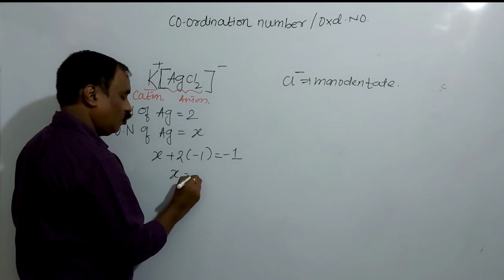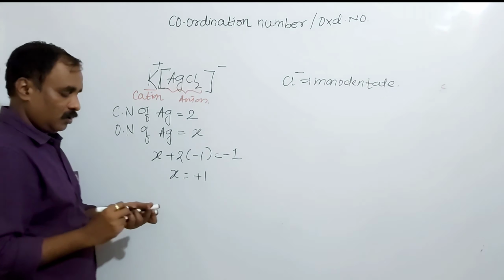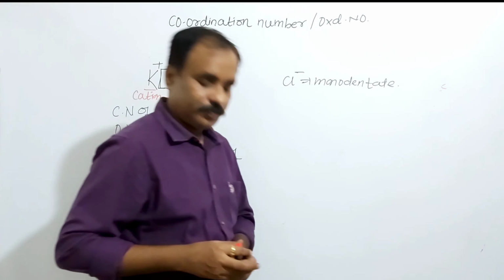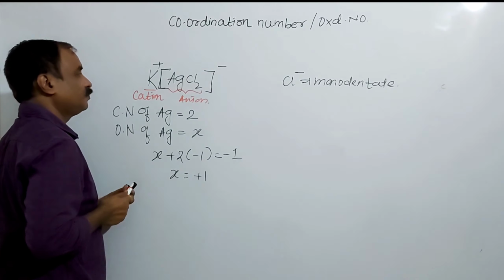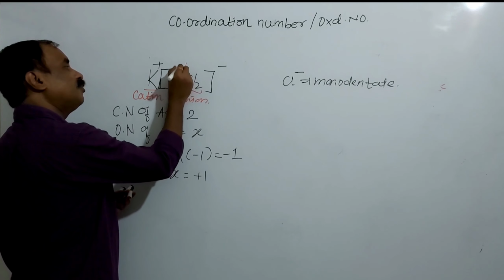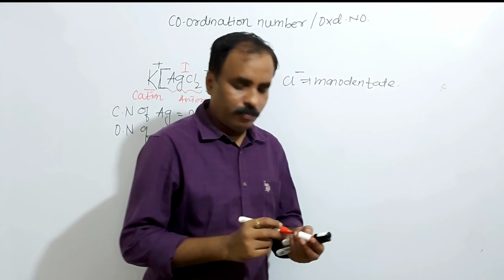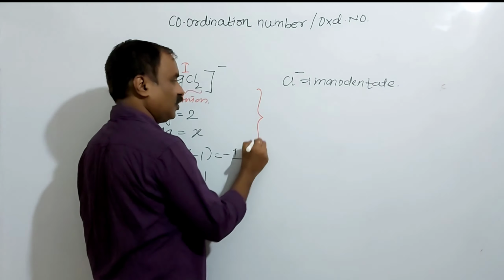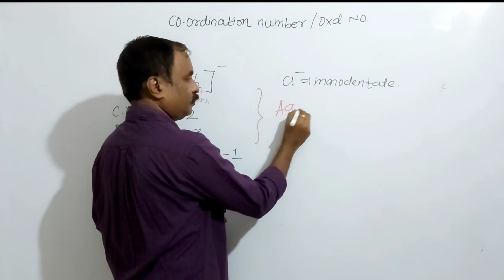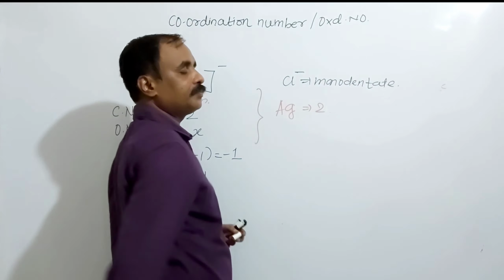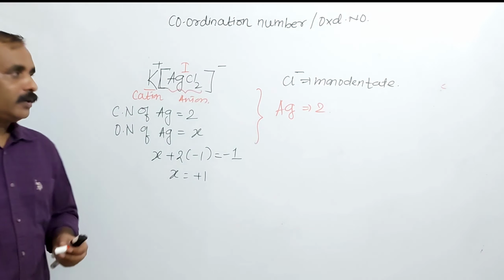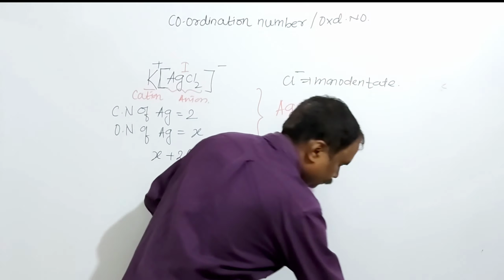Therefore, X equals +1. That is, in the case of silver and gold, the oxidation number is 1. Coordination number is 2, no doubt. The coordination number of silver is 2. Isn't it? Another example.